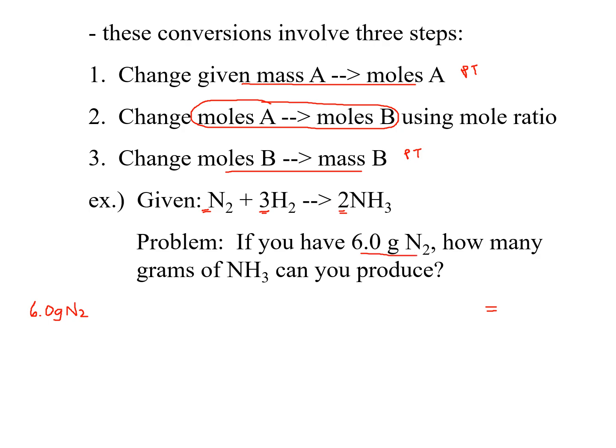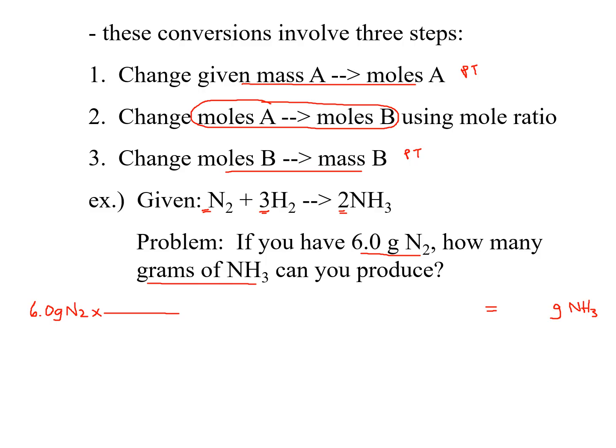So if this was my given here, then right here is what I'm going for. So I'm going for grams of NH3. Okay? So grams of N2 to grams of NH3 is what I'm trying to do, and I need to fill in the steps in between. So first conversion factor. Remember, a conversion factor always looks like this.